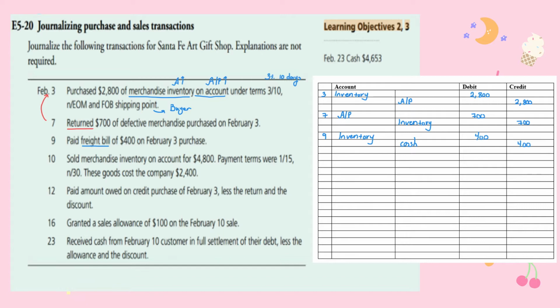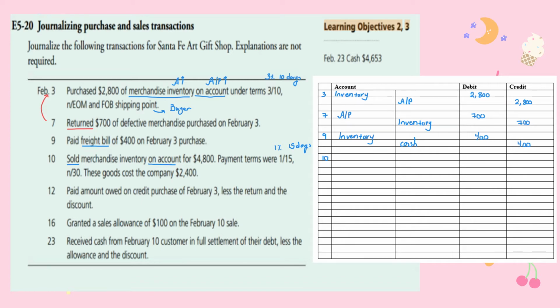Now on February 10, sold merchandise inventory on account of 4,800. Payment terms were 1/15, n/30. It means the customer will get a 1% discount if he pays within 15 days, and he has 30 days to pay.